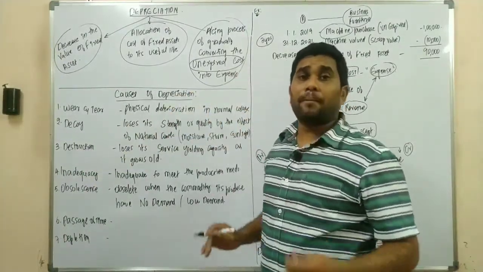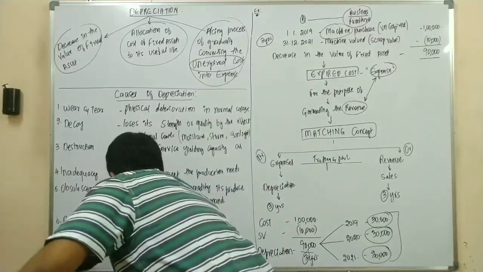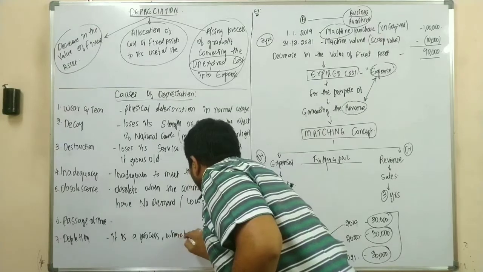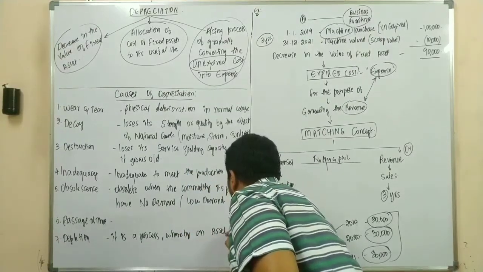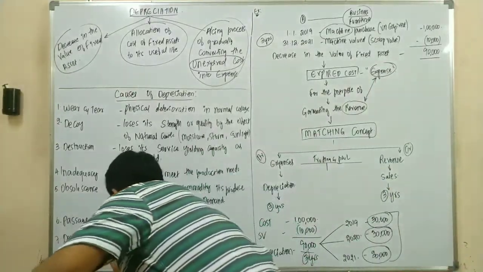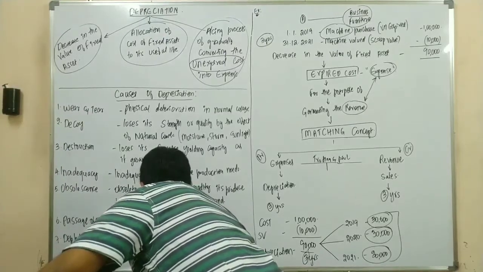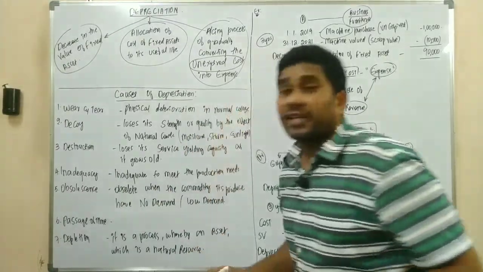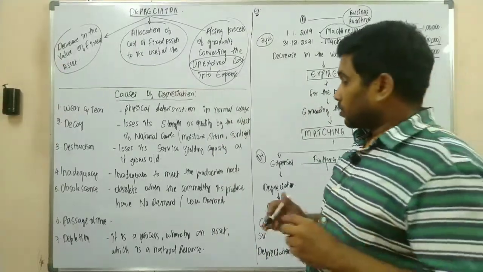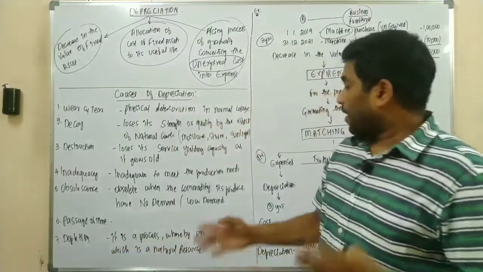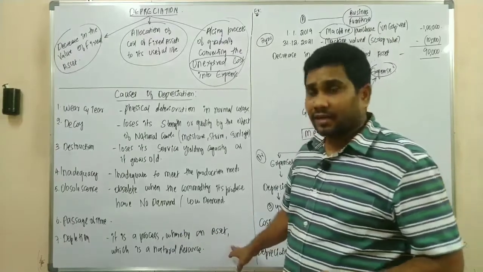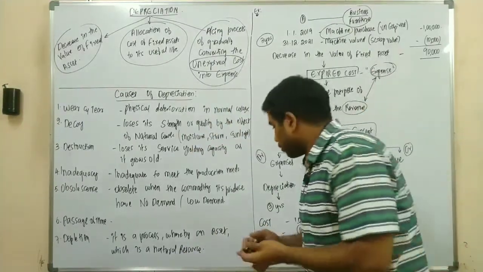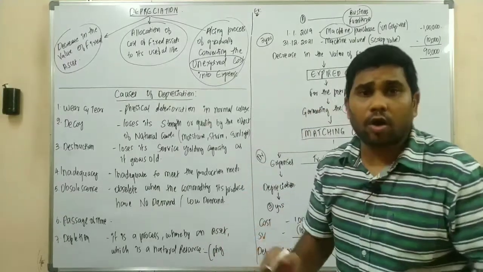Your last cause would be depletion. Sir, what is the meaning of depletion? Depletion is a process whereby an asset which is a natural resource is physically consumed in the process of usage.